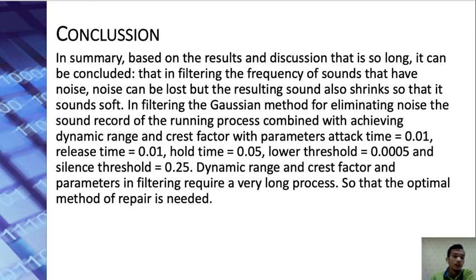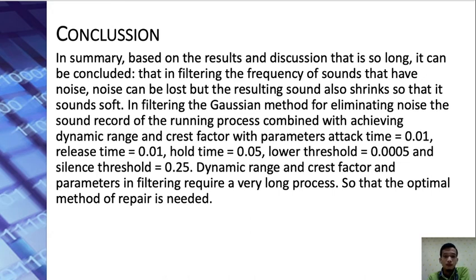And the last is the conclusion, the summary. Based on the discussion so far, it can be concluded that in filtering the frequency of sound that has noise, the noise can be lost, but the resulting sound also shrinks so that the sound becomes soft.